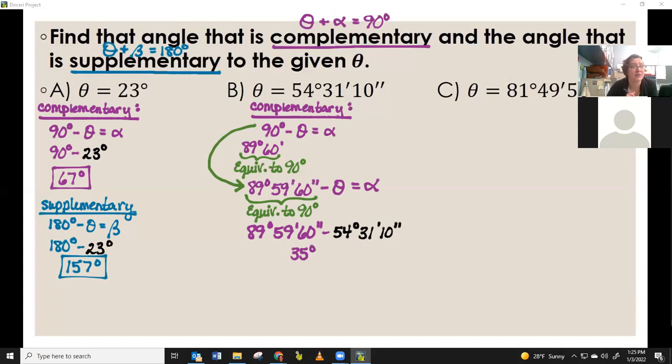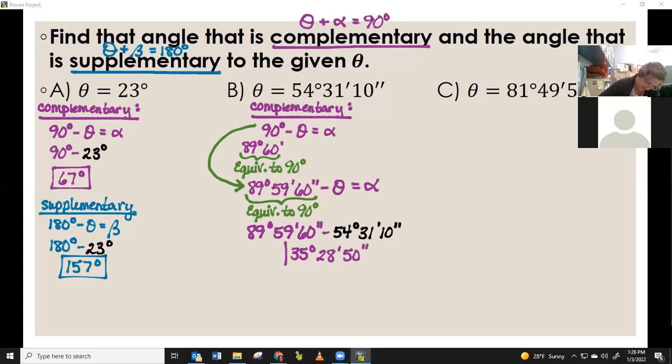We do 89 minus 54 to get 35. Then 28 minutes, 59 minus 31, and 50 seconds. Oh, I put too many marks on my 28 minutes. 50 seconds. There we go. So there's my complementary angle.